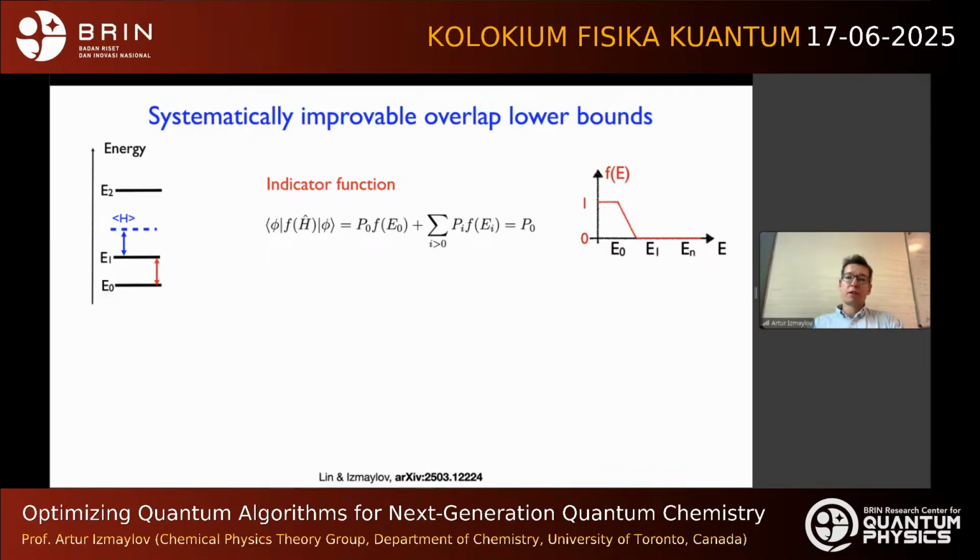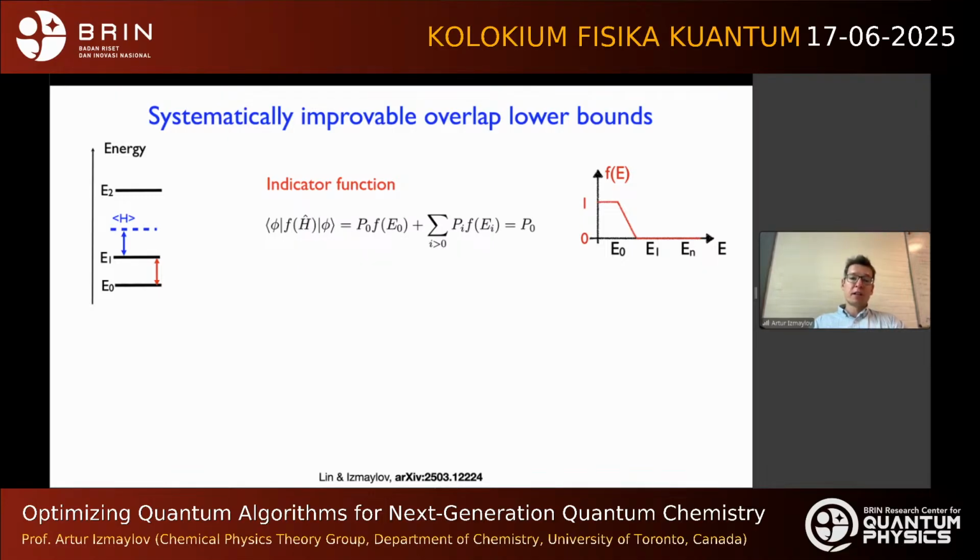So essentially we want lower bounds and upper bounds, but I will consider lower bounds on this slide just for concreteness, right? And the way we can do this is by creating, instead of just the expectation value of the Hamiltonian, the so-called indicator function of the Hamiltonian, right?